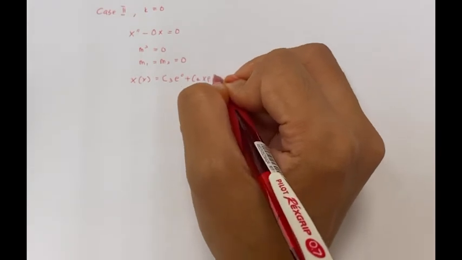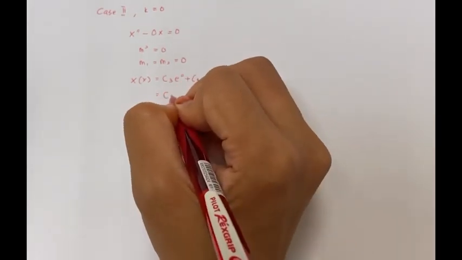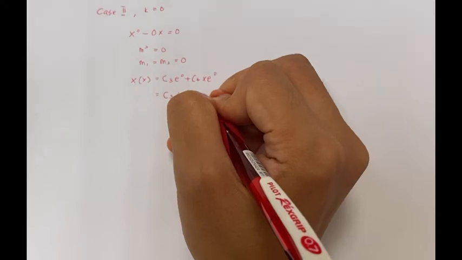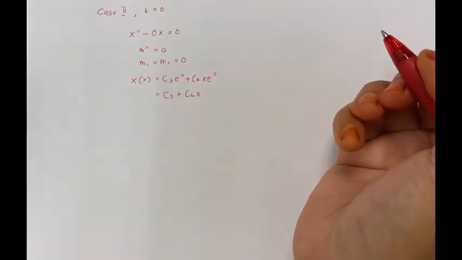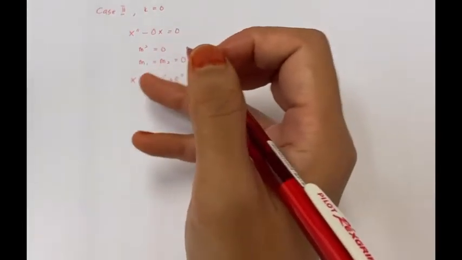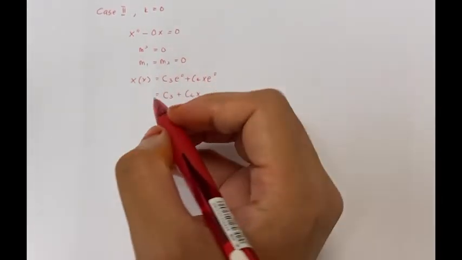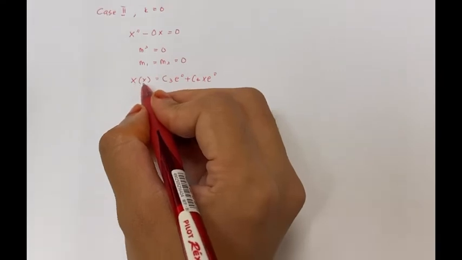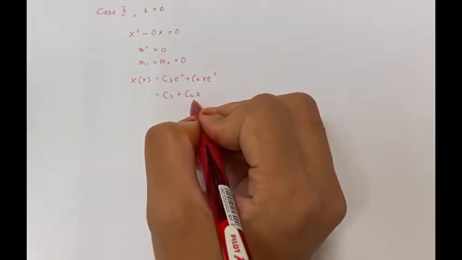So you have c3 plus c4x. You don't have to consider the t part. Just consider x first. So x is equal to c3 plus c4x.